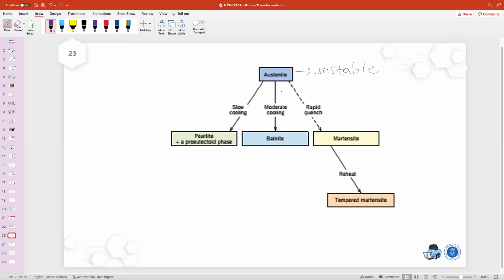With the continuous cooling transformation, if it is slow cooling, you will have perlite or pro-eutectoid phase.